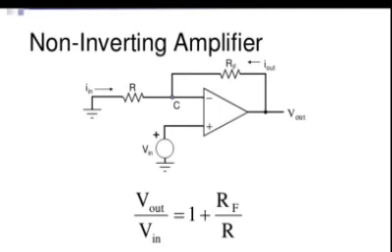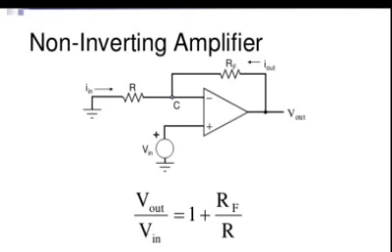Now the non-inverting amplifier. It's the same as the inverting one, but the difference is that here the voltage is supplied to the non-inverting terminal and the inverting terminal is grounded. In the case of open loop, there is no connection from input to the output.